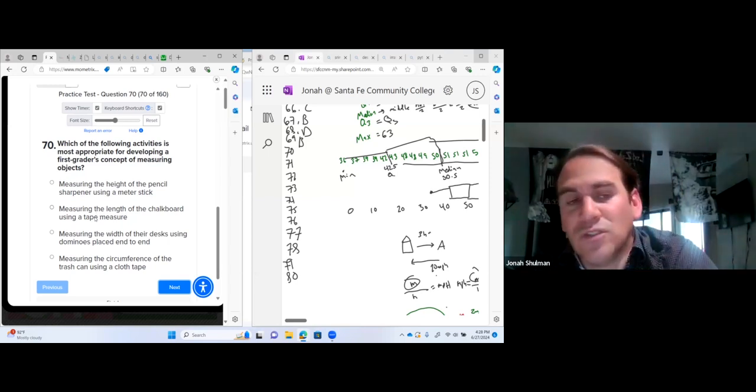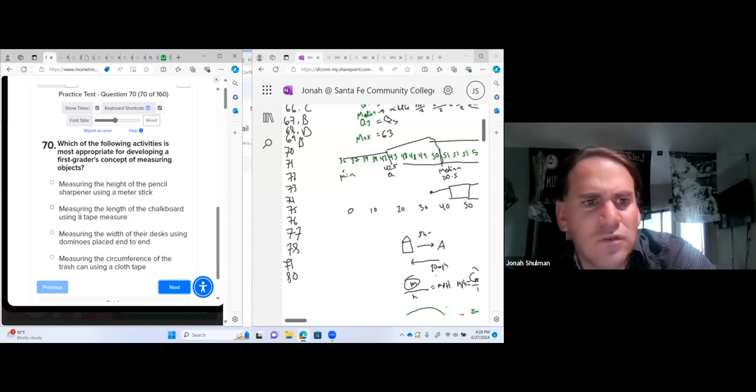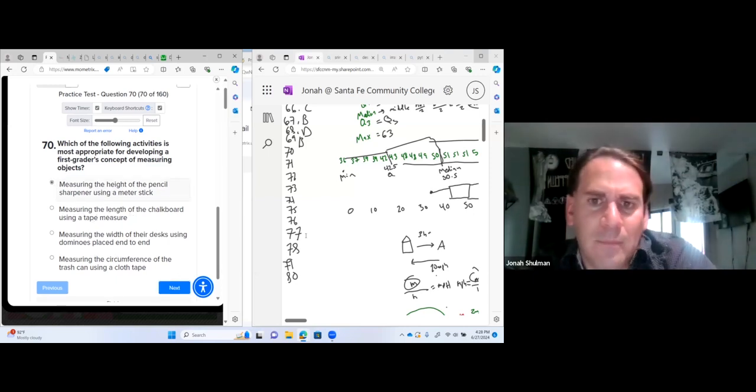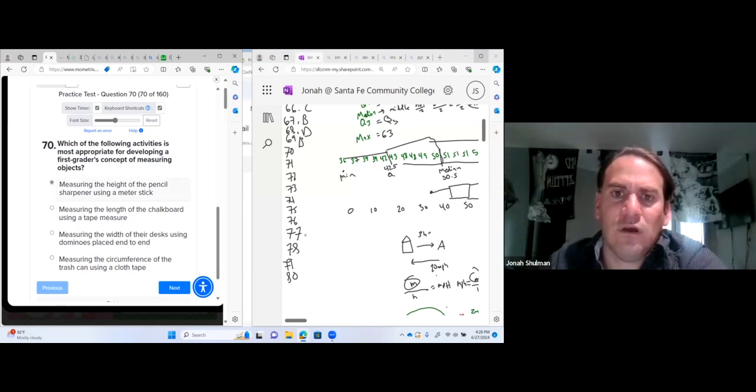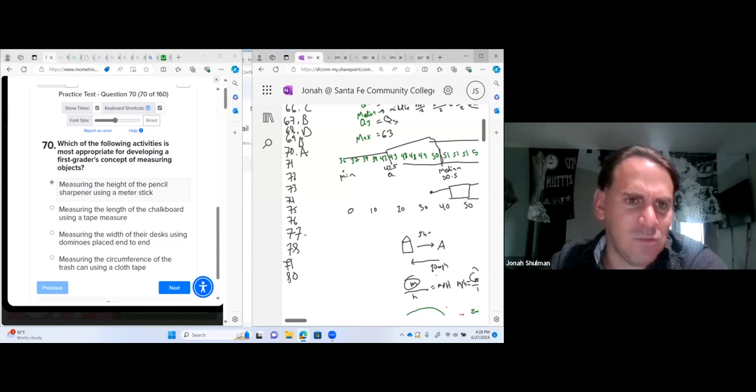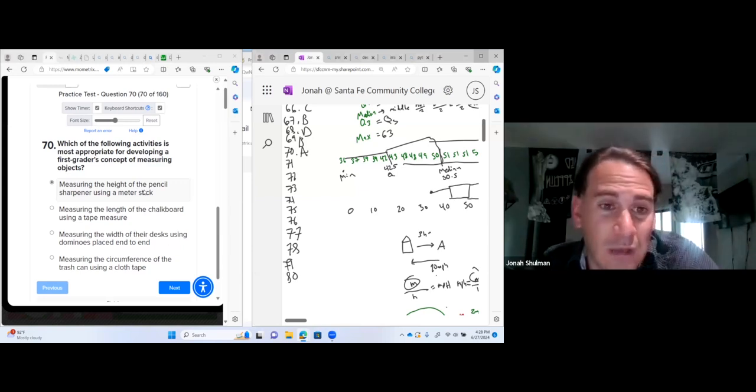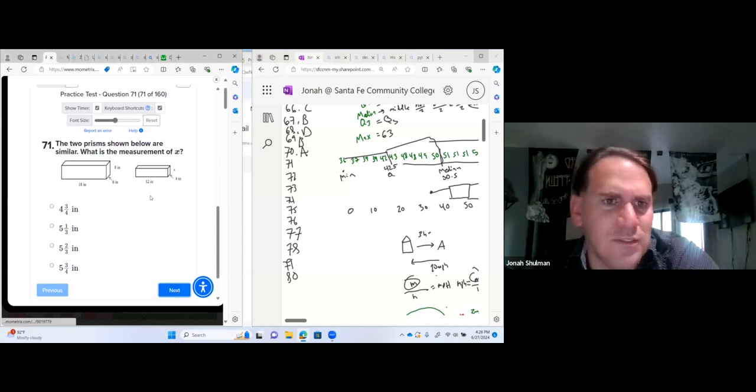Okay, I feel like the tape measure is probably harder because you're not going to have the 0, so I'm going with A. But we'll see. This one I could have gotten wrong. I feel like this is probably the best way for objects because you do multiple objects with the meter stick. I think this would be the easiest to use. Dominoes, they don't have a regular 0. I don't know. I think I like A the best if it was my class.